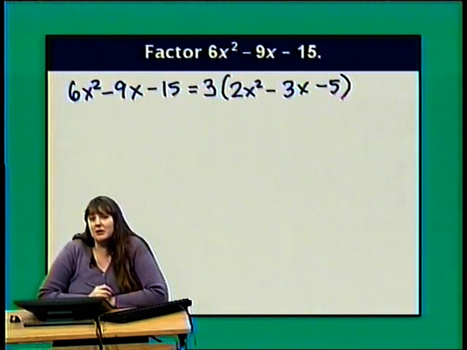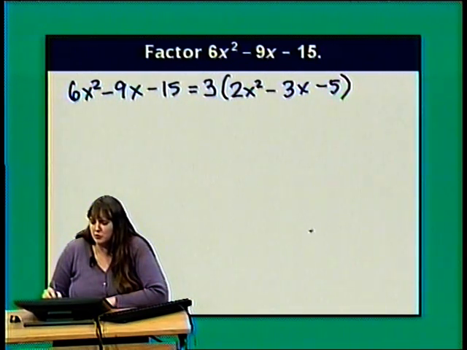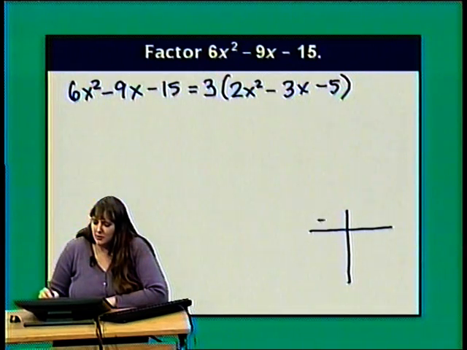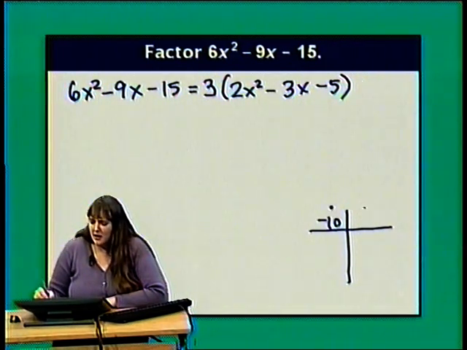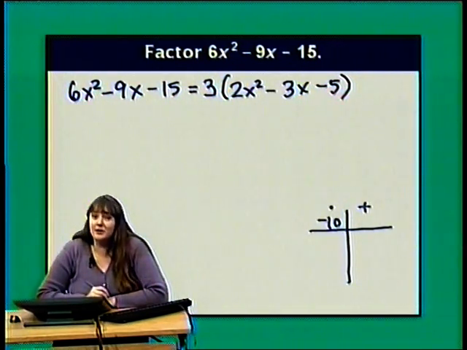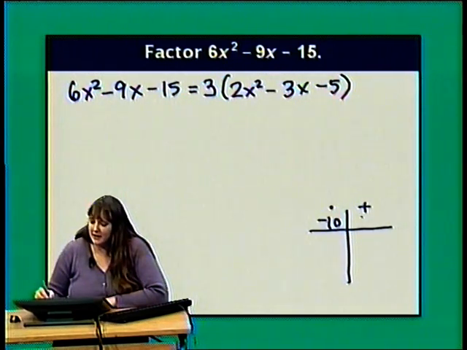Now let's see if we can factor 2x squared minus 3x minus 5. Well, thinking about factoring by grouping, I want a product of 2 times negative 5, which is negative 10, and I want a sum of negative 3, the coefficient of x.